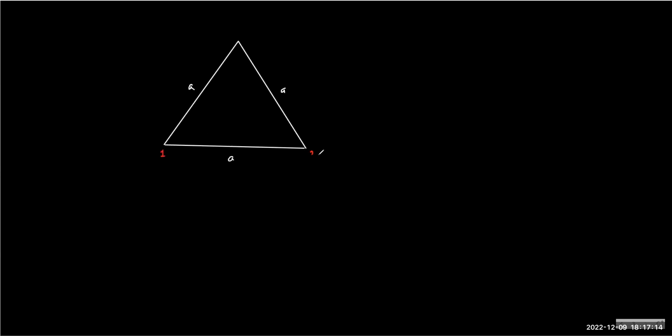Particle 1 is here, 2 is here, 3 is here. So 1 is moving with velocity v, 2 like this, and 3 like this. Tell me what V12 is. First, draw V12 and tell me the modulus. Draw the V12 and tell me the mod of this.